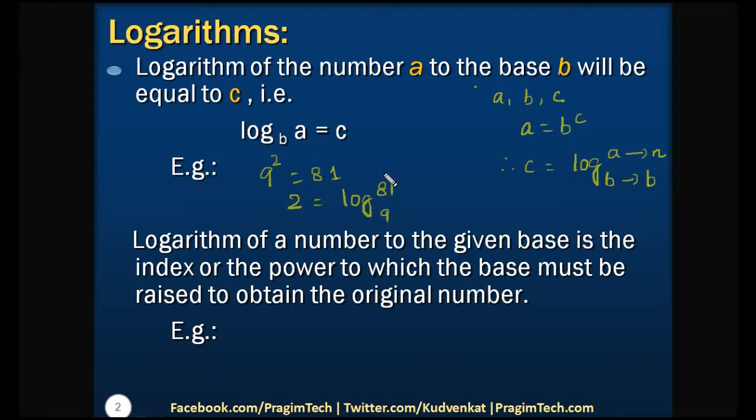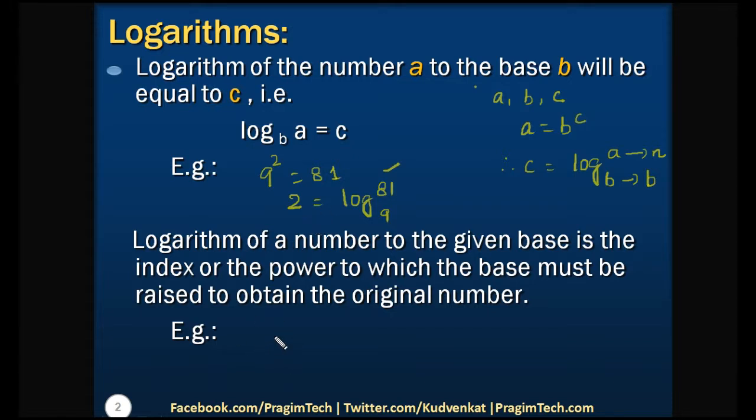If I want to get 81, what do I have to do? I have to raise the base to the power 2. So we can define the logarithm of a number to the given base as the index or the power to which the base must be raised to obtain the original number. That means in order to obtain 81, we are raising 9 to the power 2.